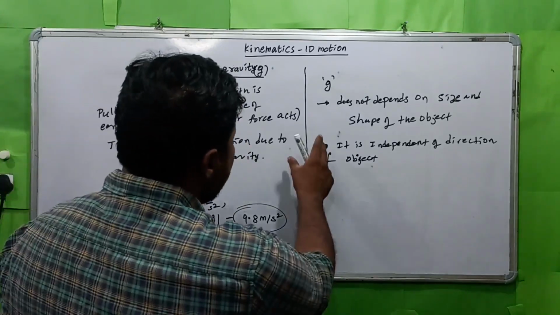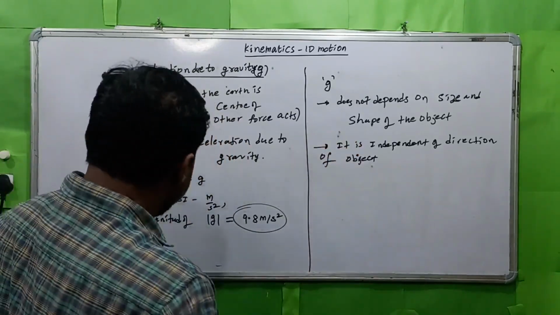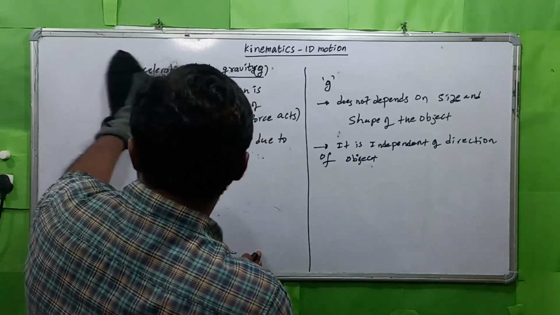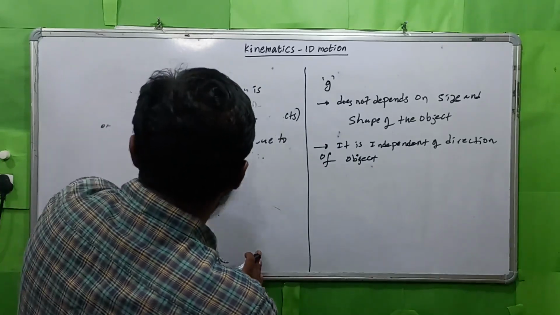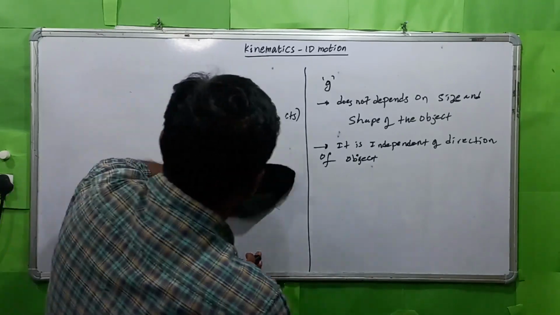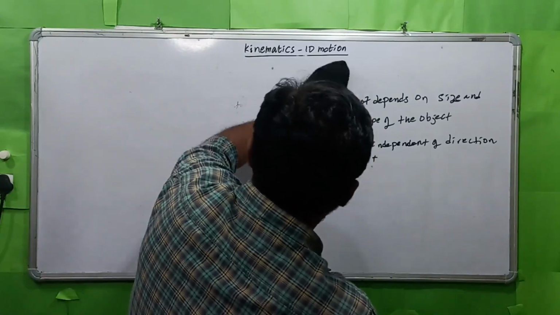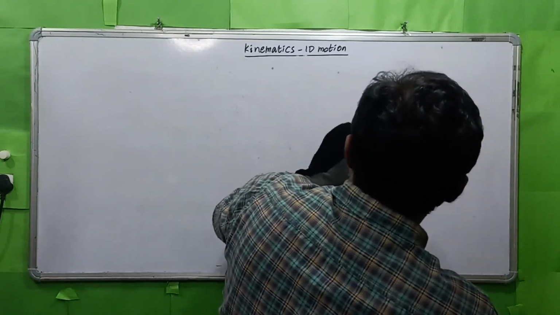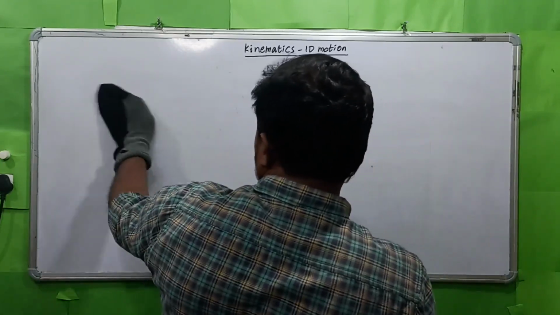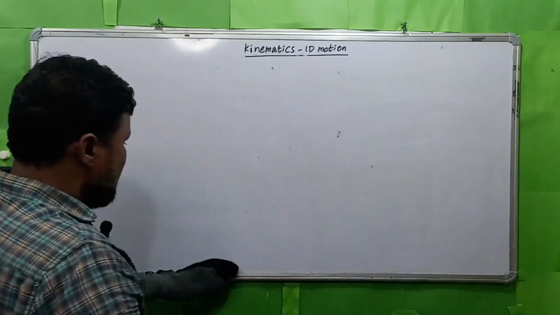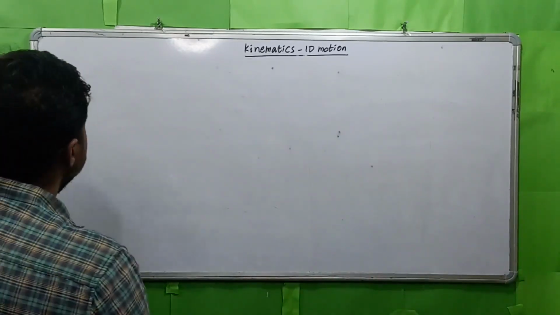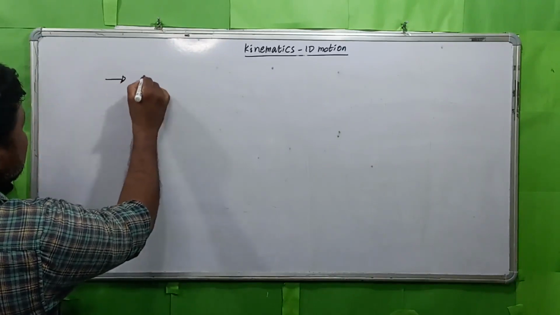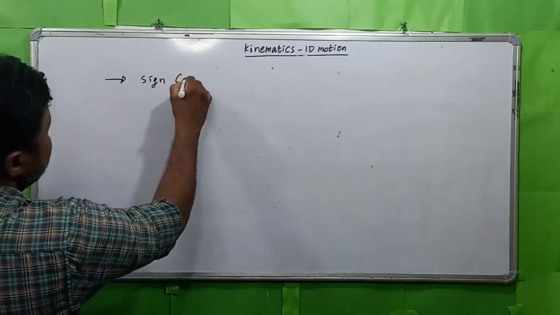Now, on the basis of acceleration due to gravity, there are sign conventions. You should know the sign conventions. To write kinematic equations or 1D motion equations, you have to follow sign conventions.